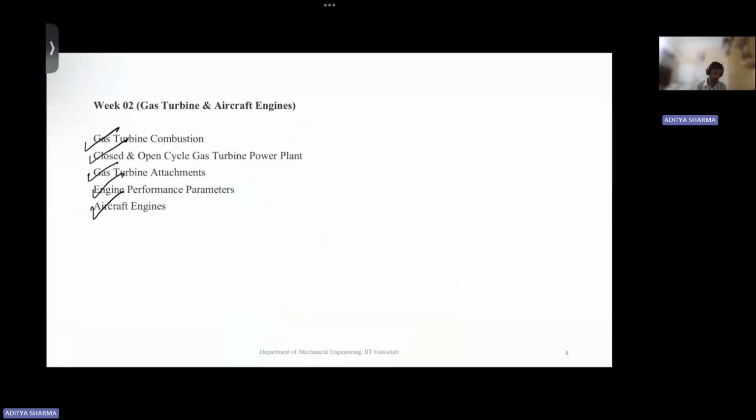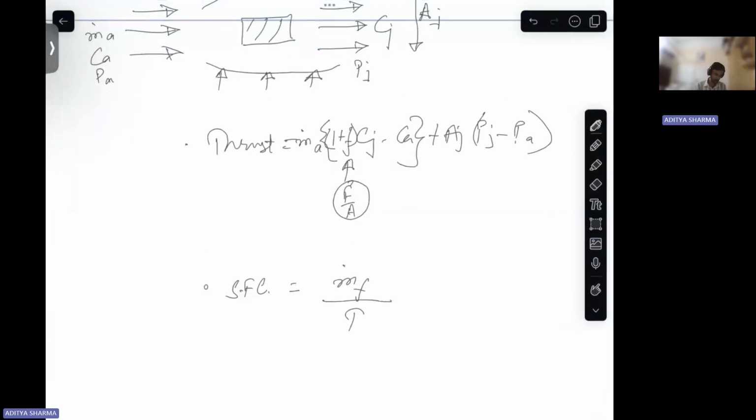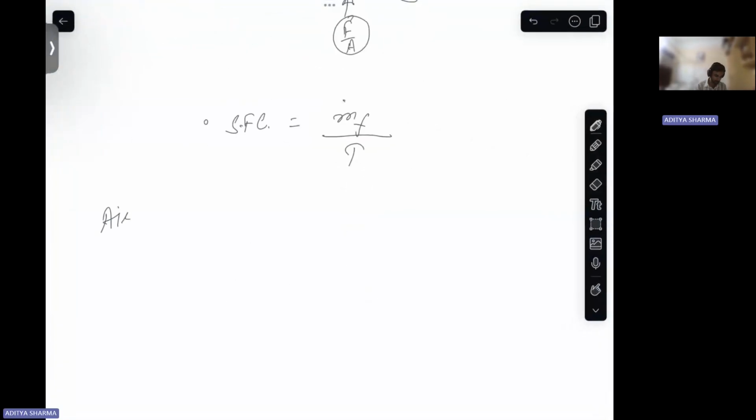Then different aircraft engines have been just introduced.